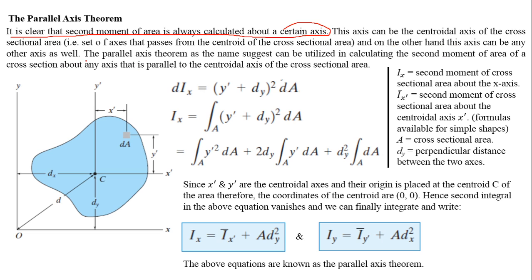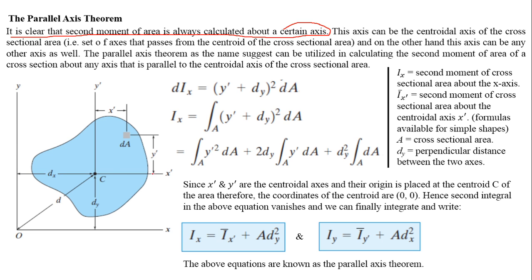axis as well. So this means that if you have an arbitrary shape body that has an arbitrary shape cross section area like this, this cross section area will always have some centroid. From chapter 9 you know how to calculate the coordinates of the centroid.